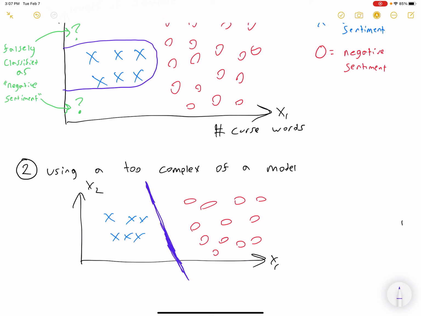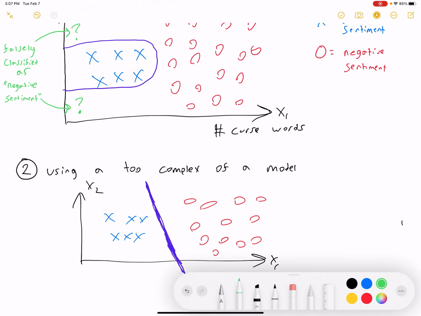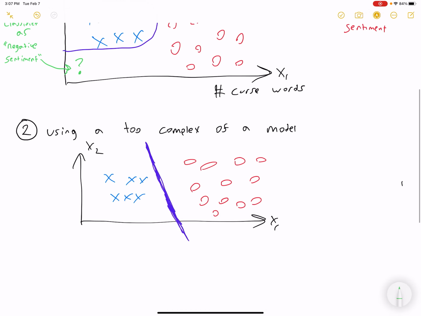And so whether the line has a negative slope or if we had it with a positive slope instead, as long as it's separating the points, it would have done better. So let's label this a simpler model. Anyways, would have done better. Like that.